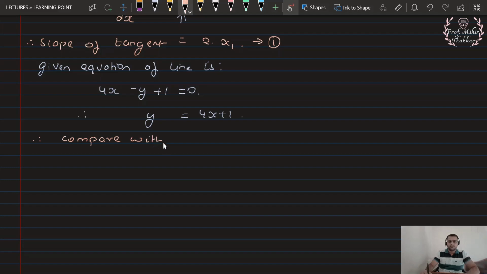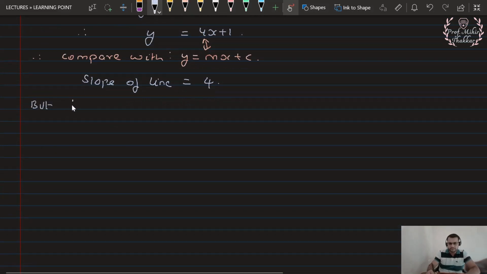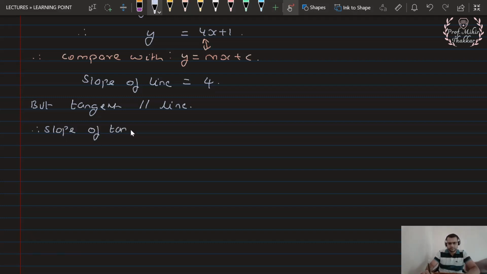So I compare with the general equation y is equal to mx plus c, and I can say that slope of line is equal to 4. But tangent is parallel to the line, therefore slope of tangent is equal to slope of line, that is equal to 4.